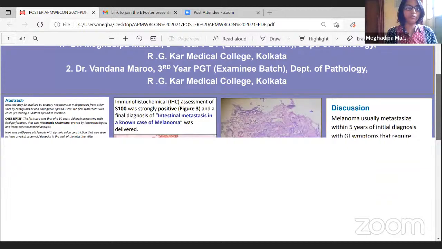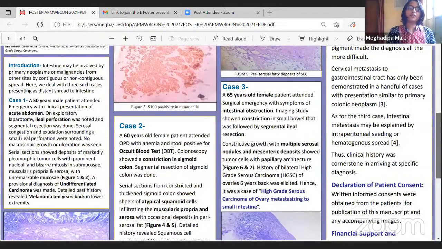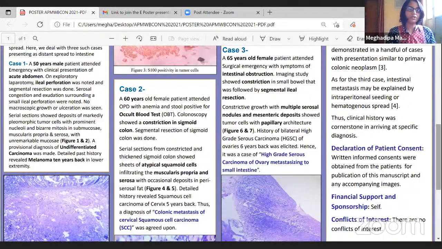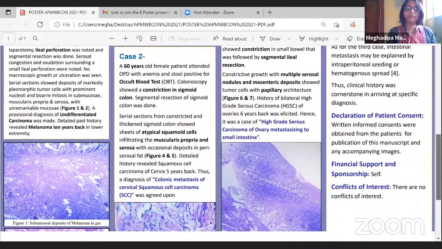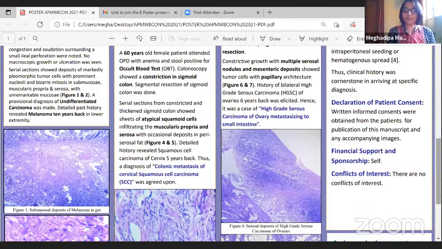So my topic is three unusual cases of intestinal metastasis and its clinicopathological correlation. Let's directly move on to the first case. It was a 50-year-old male patient who attended the emergency with clinical presentation of acute abdomen. Exploratory laparoscopy was done, ileal perforation was noted, and segmental ileal resection was done. We received the specimen in our lab and did extensive grossing from the areas around the perforation. There was congestion and exudation, but no gross ulceroproliferative growth.